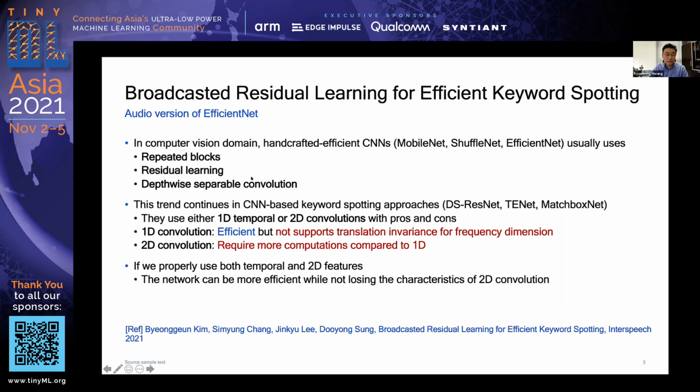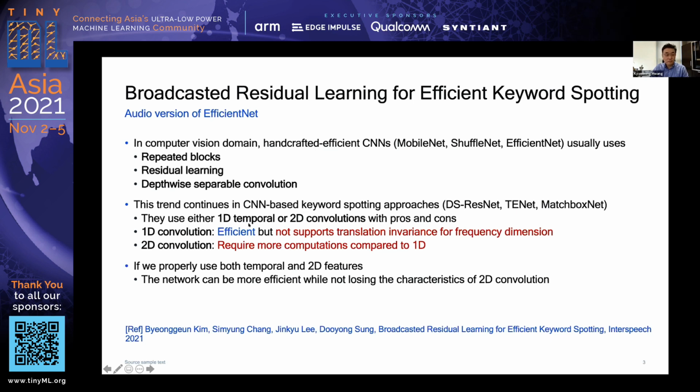These networks usually have repeated blocks, residual learning, and separable convolution. Because these networks show very good performance in vision and image, people try to use the same CNN architecture for audio processing.